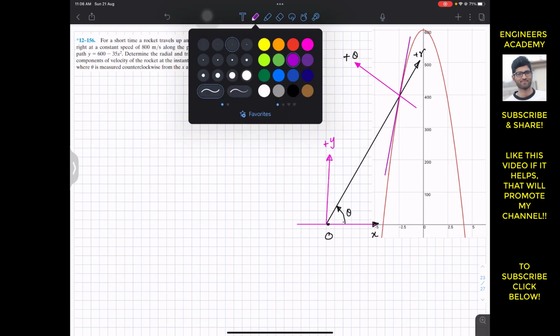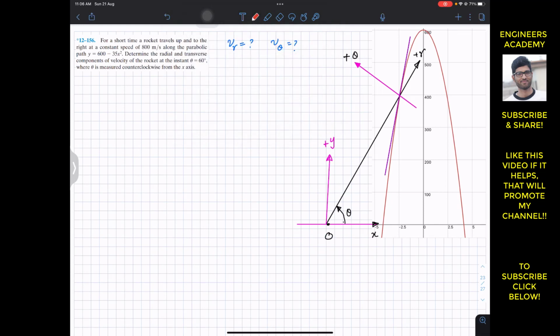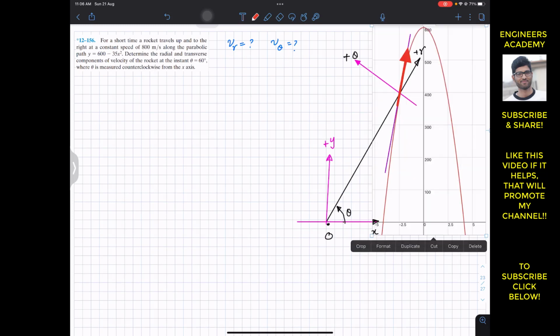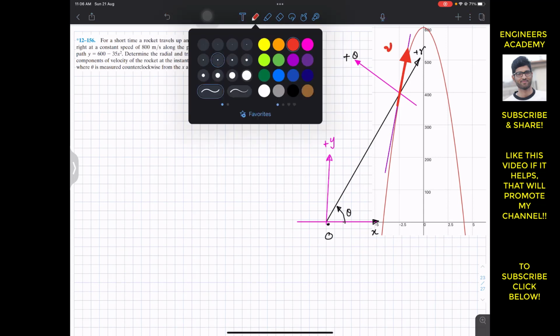Now let's make that velocity vector. So this is our velocity vector which is going to act along this line. This is velocity which is equal to 800, right?